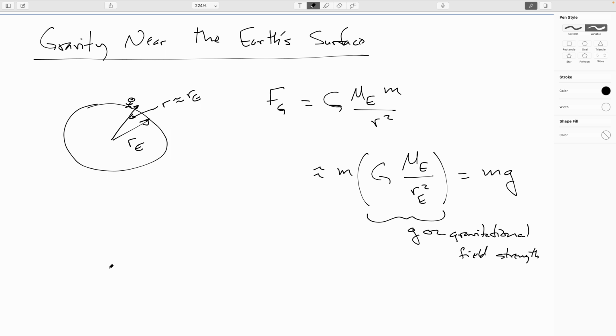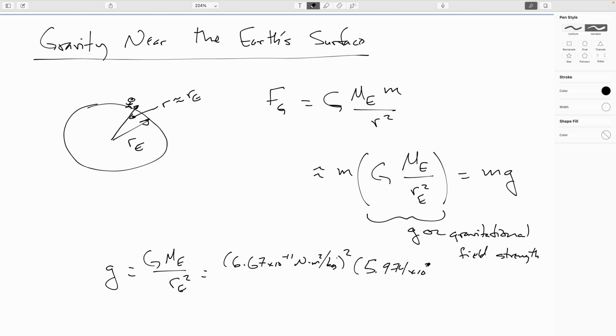Let's calculate it. So this will be G times the mass of the Earth over the radius of the Earth squared. So this will be 6.67 times 10 to the negative 11 newton meters squared per kilogram squared. The mass of the Earth is 5.974 times 10 to the 24 kilograms.